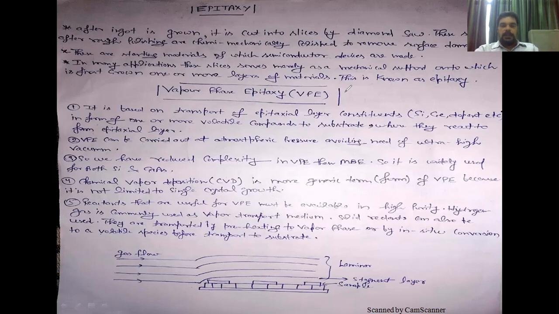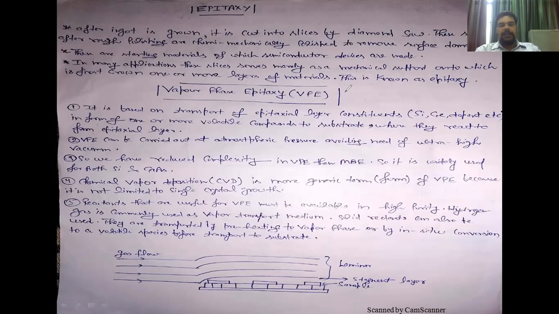One common term we generally use is CVD, that is chemical vapor deposition. Chemical vapor deposition is a more generic term than vapor phase epitaxy, because it is not limited to single crystal growth.